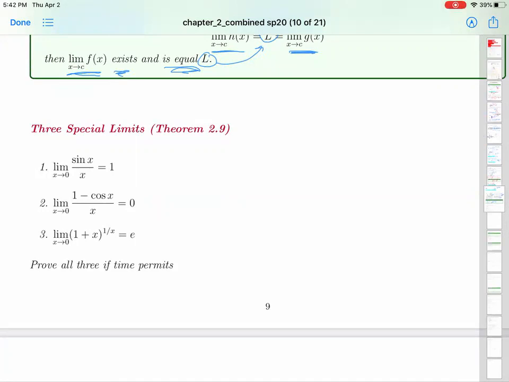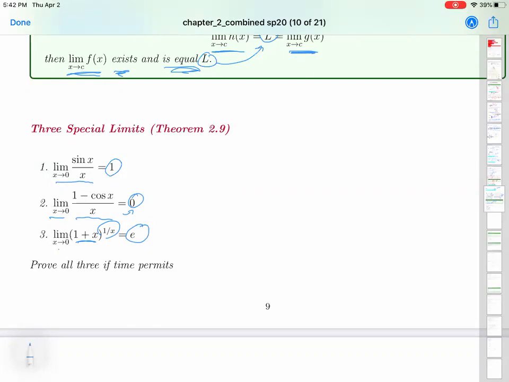All right, so the first special limit is the limit of sine of x over x when x goes to 0 equals 1. The limit of 1 minus cosine of x when x goes to 0 equals 0. And the limit of 1 plus x raised to 1 over x when x goes to 0 is e, which is Euler's number.